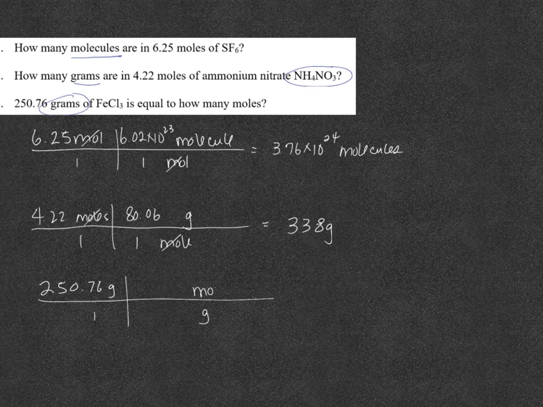Gram comes down, mole goes to the top. 1 goes next to mole, and the molar mass was 162.20. Unit for grams cancels. So I divide the mass by the molar mass, and I get 1.5460 moles.